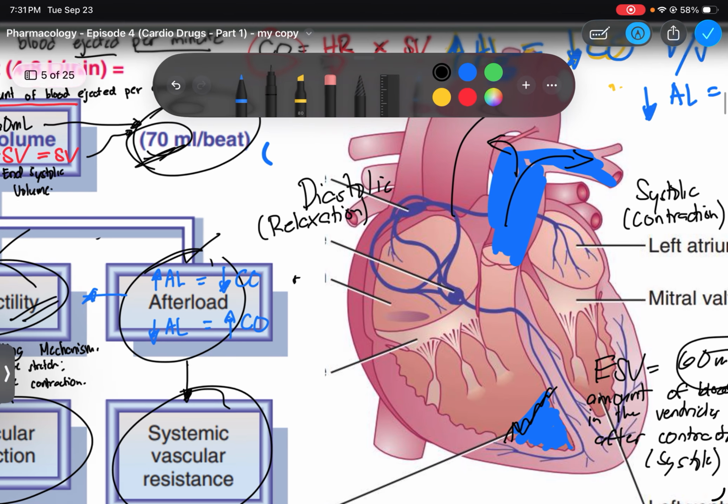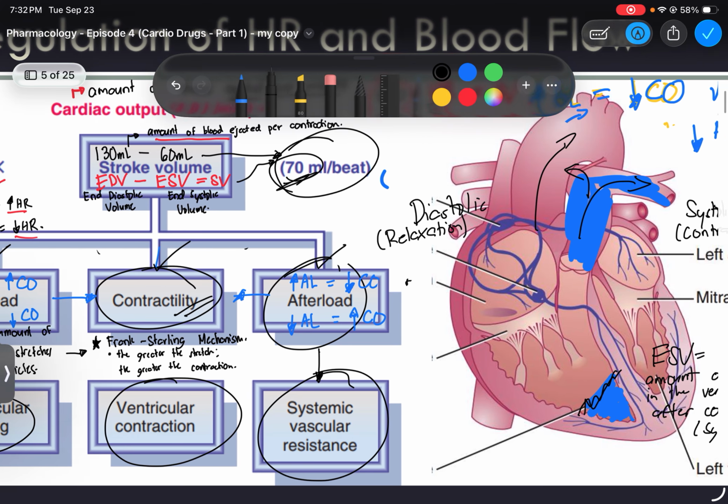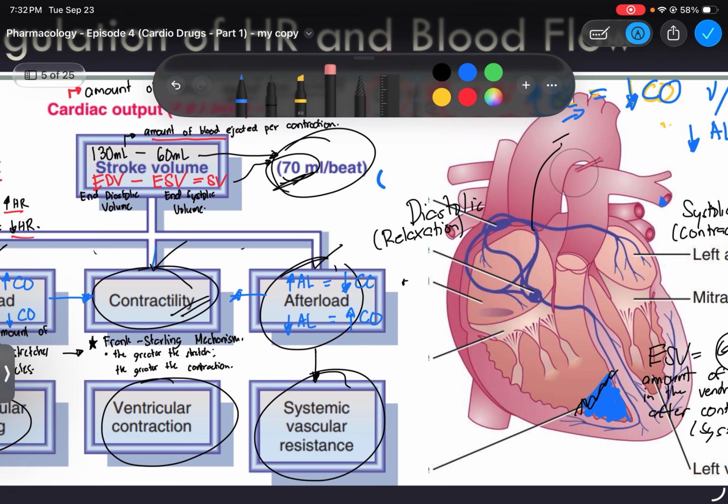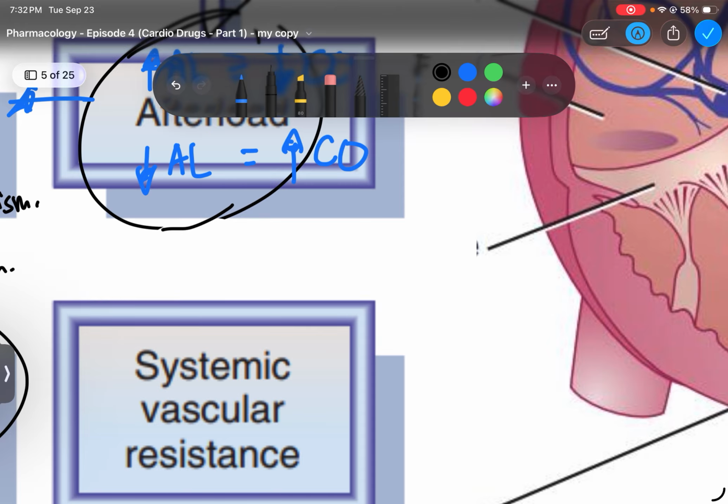So let's talk about the last part here, which is afterload. Afterload, to put it simply, is systemic vascular resistance. This is the resistance that the blood has to counteract in order to flow.